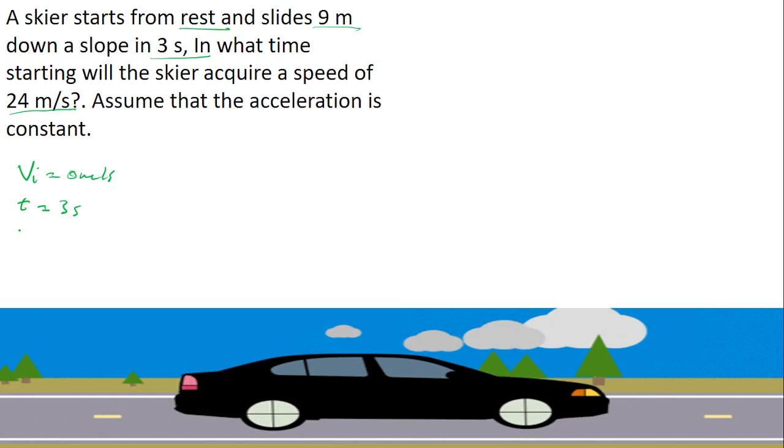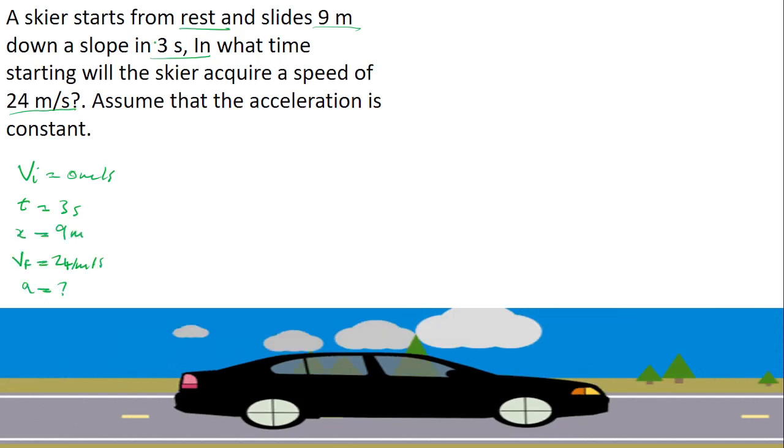What we need to understand is that we must first find the acceleration of the skier in the 3 seconds that have been covered.